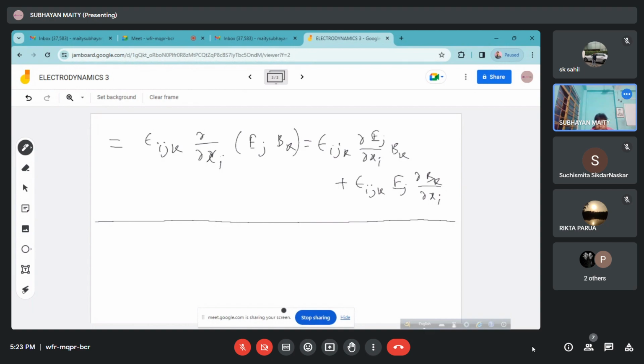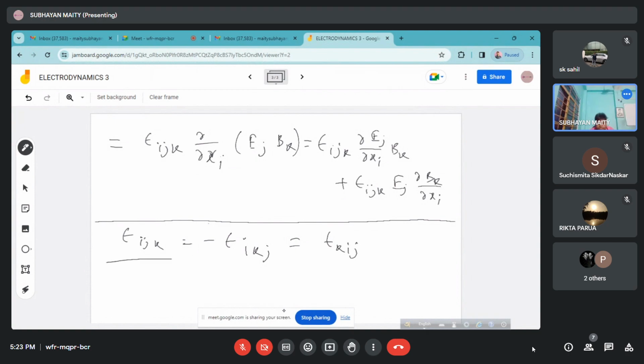After one exchange, it will change its sign. So if I exchange like this, once the exchange changes the sign. Now you can write epsilon ijk is equal to minus epsilon ikj, which equals plus epsilon kij.